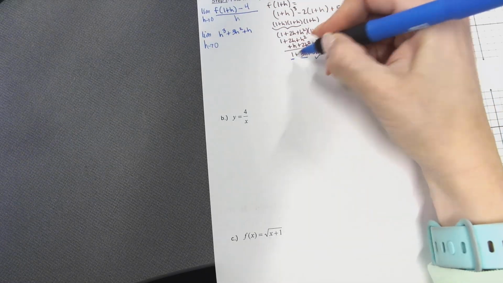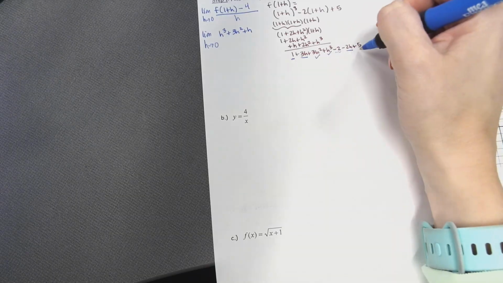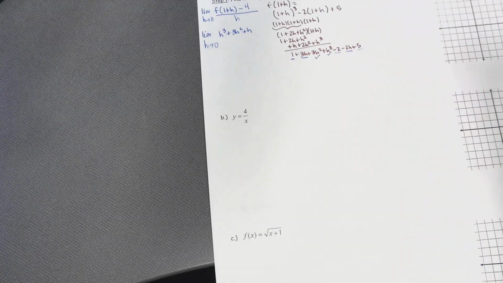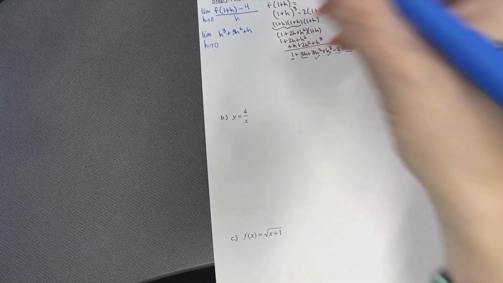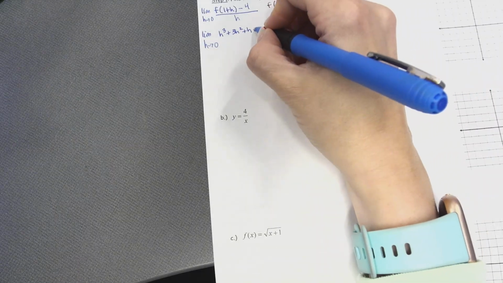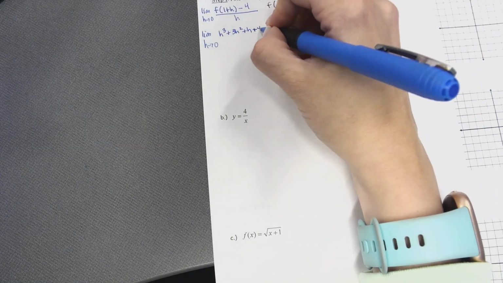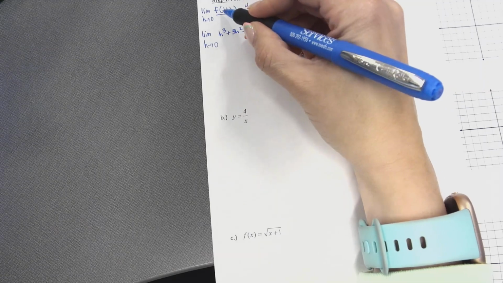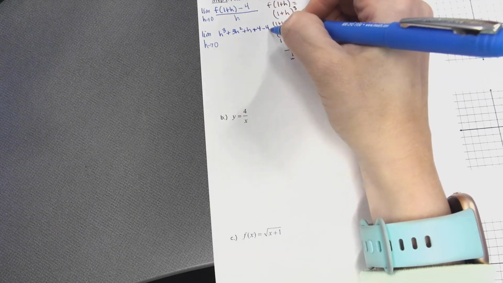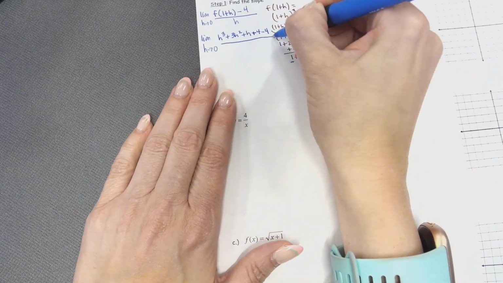And then we have 1 minus 2 plus 5. So that's going to give us what? Plus 4. And then here, it's f of 1 plus h minus 4. So we're going to put that minus 4 on there.